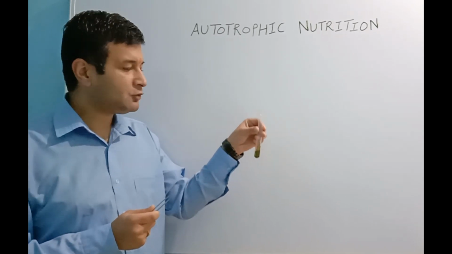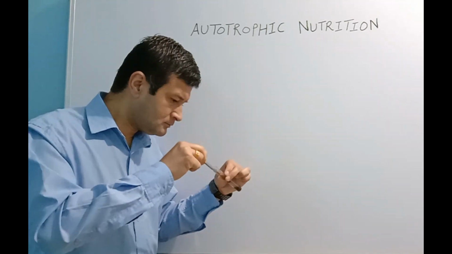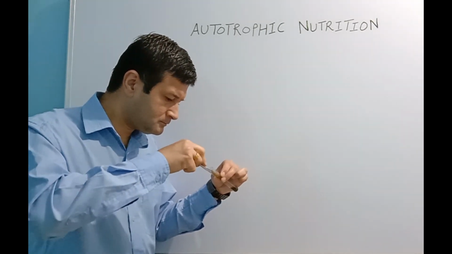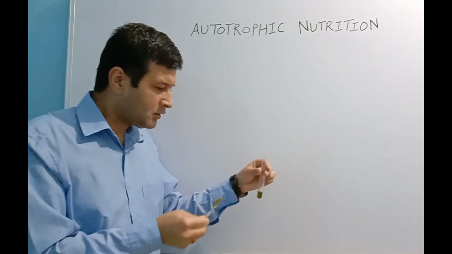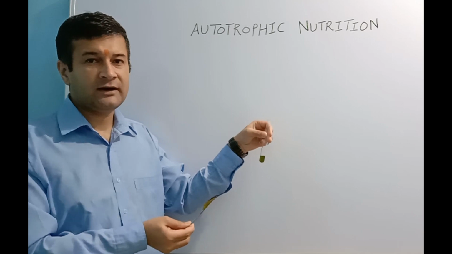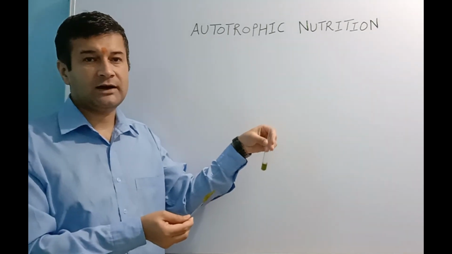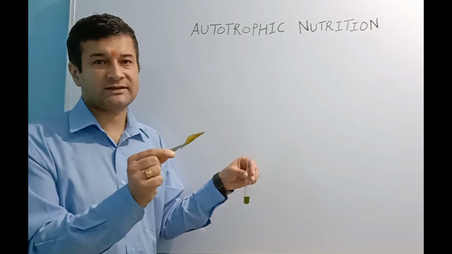Now after the water bath, I am going to take out the leaf from the test tube. So here you can see that the chlorophyll present on the leaf has dissolved in the alcohol. You can see here that this leaf has become colorless.